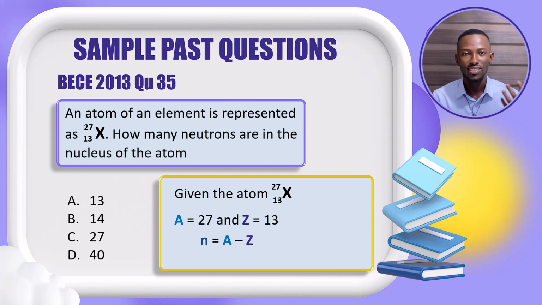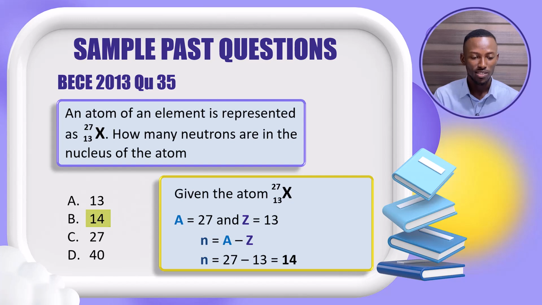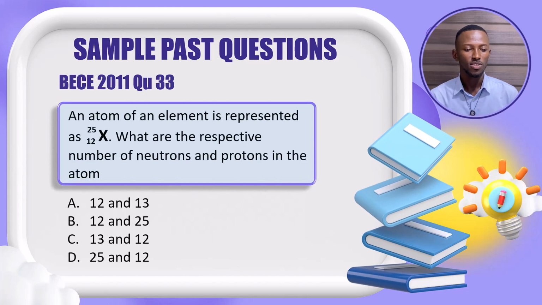Neutron is A minus Z, which is 27 minus 13, giving us 14. So the answer in this case is 14. If you don't really get the concept so far, you can go over this lesson. During upload of this lesson, there will be timestamps, so you can go back and rewatch certain sections of the lesson again.